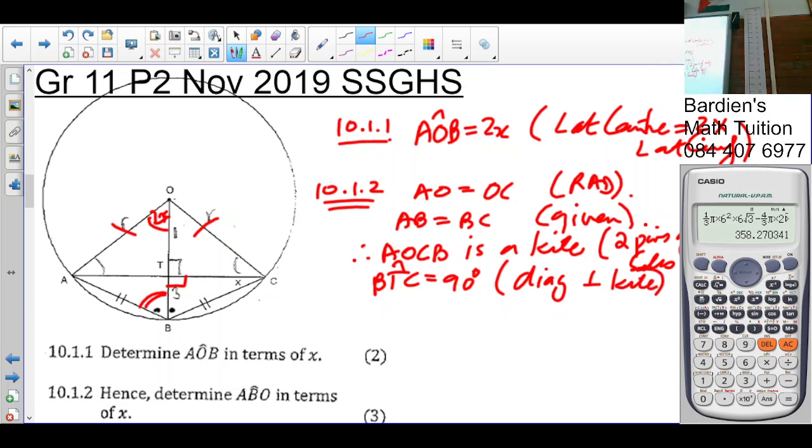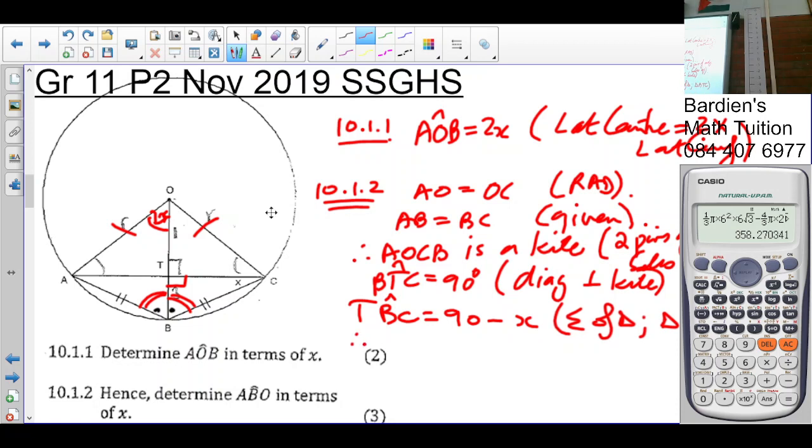So then TBC, this angle here, is going to be 90 minus x. Or I could have said 90 plus x plus TBC adds up to 180, sum of angles. And then TBC is 180 minus 90 minus x, which is 90 minus x. Reason: sum of angles in triangle BTC.